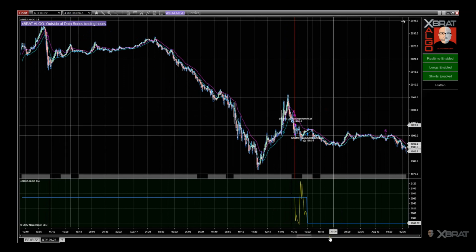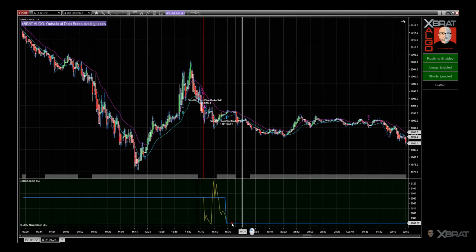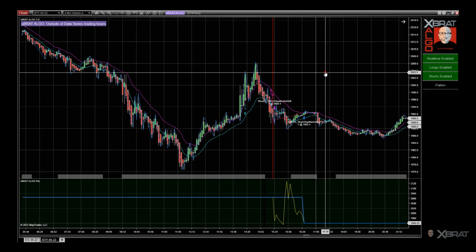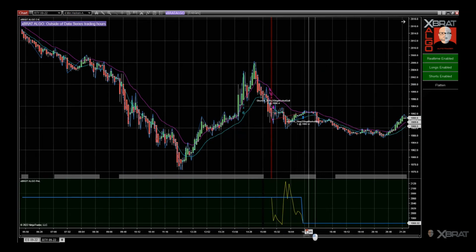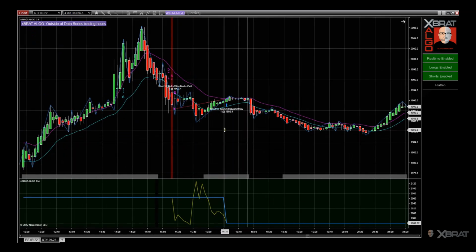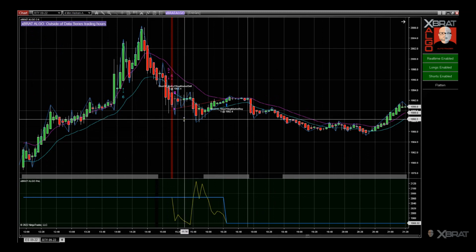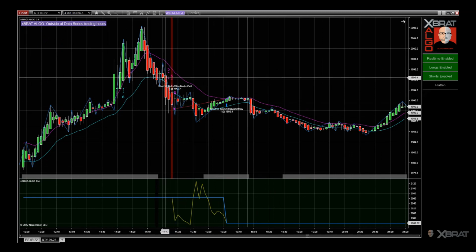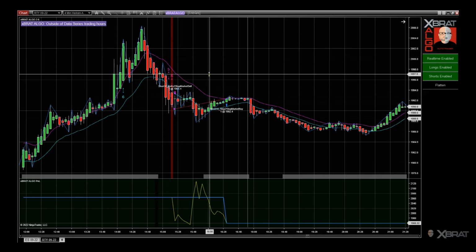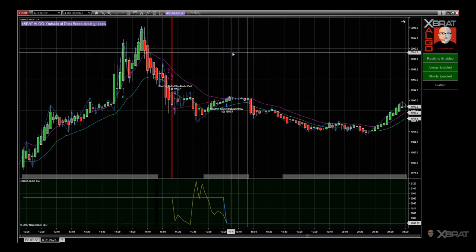The distance from the pivot is quite long here for that losing trade. So we could potentially look for a smaller max risk, which we can try.